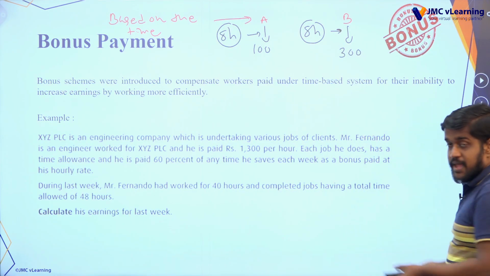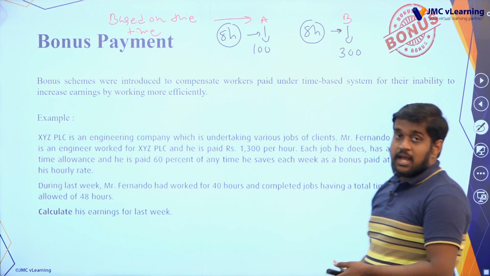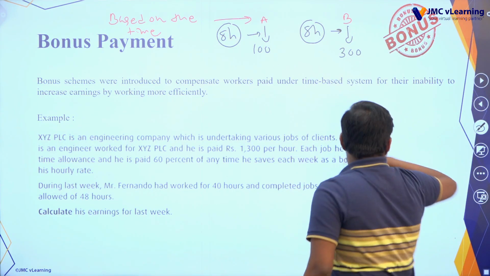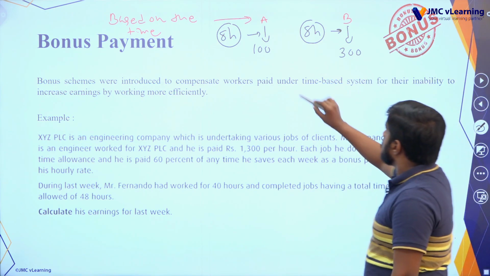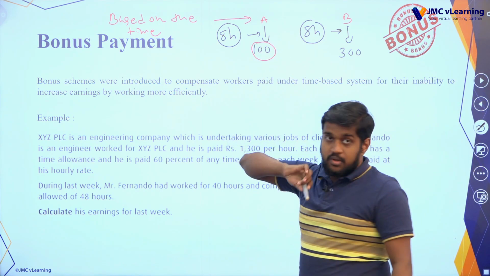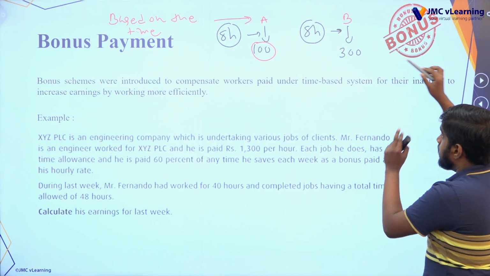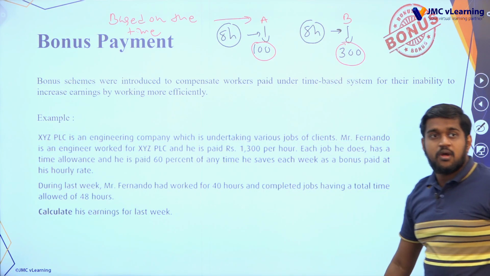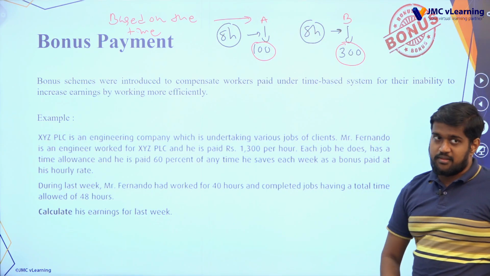Simply, both A and B spend 8 hours. But when we consider their output, A produces 100 units, but B produces more than 3 times that of A. B produces 300 units.